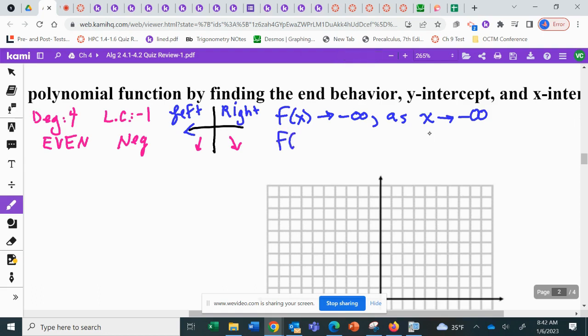We will always start with our y values. So we use our emoji f of x. We use our emoji for is approaching. And on the right side, where is the graph going? Down. So -infinity. As x approaches, and then this will always be the same because it's the right side, which infinity is positive. Yeah.